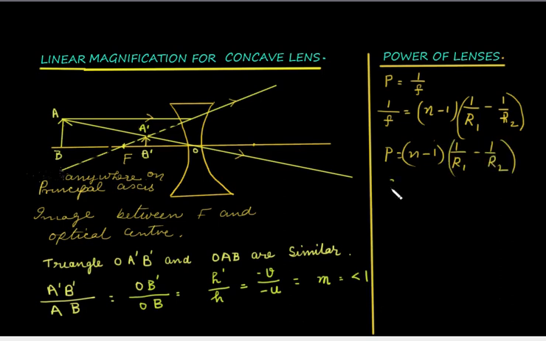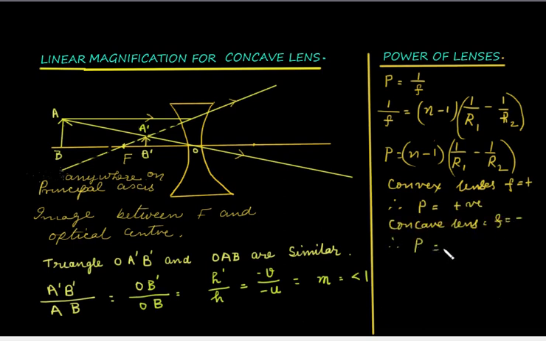For convex lenses, we know F is positive, therefore P is positive. For concave lenses, F is negative, therefore P is negative. Now let us see what is the SI unit for power. It is called diopter, represented by capital D. Focal length is measured in meter.